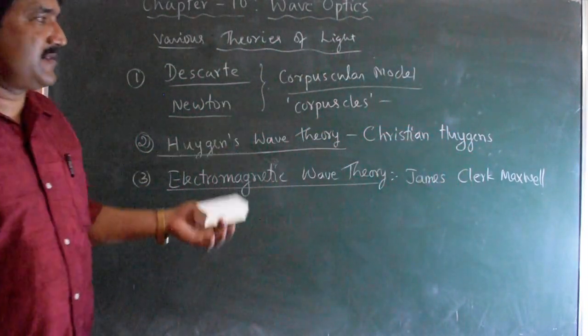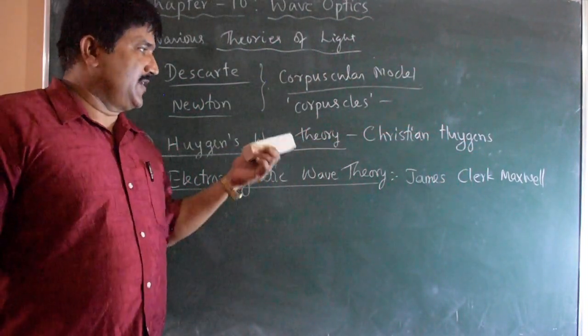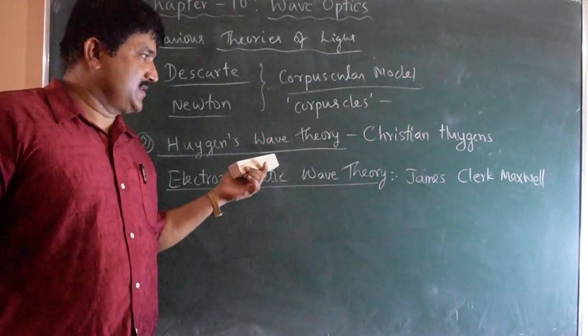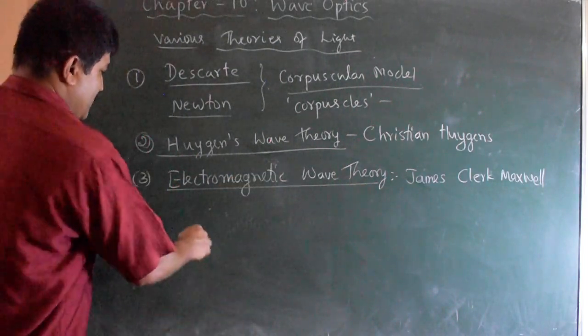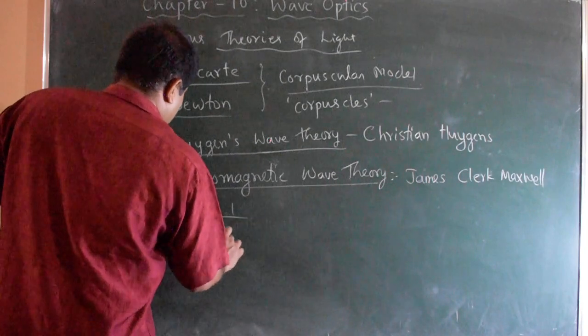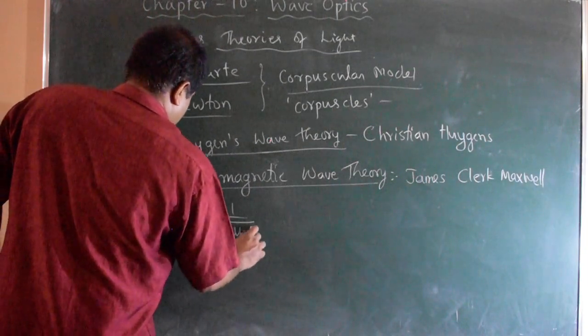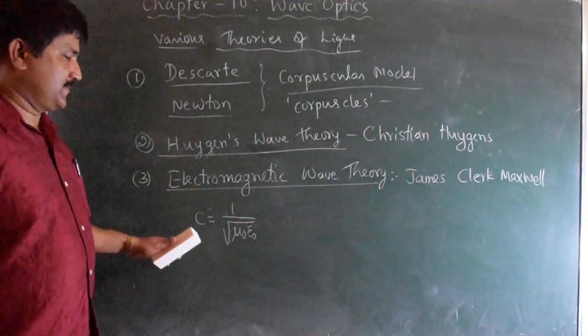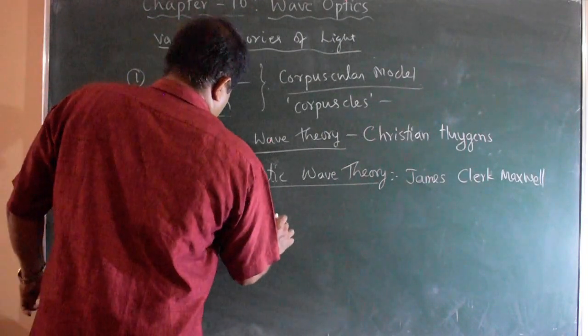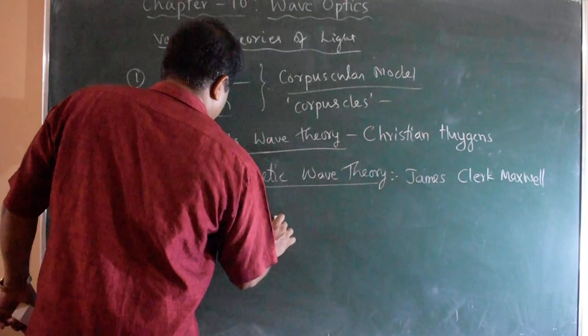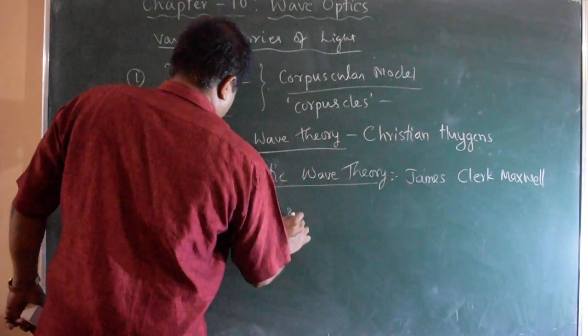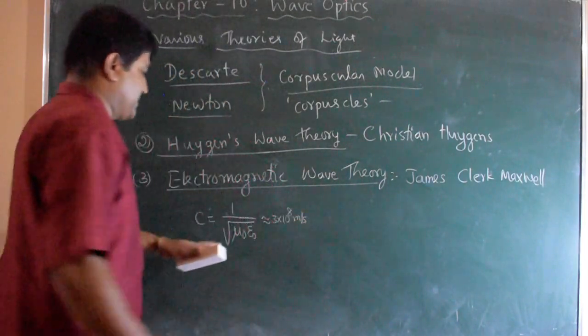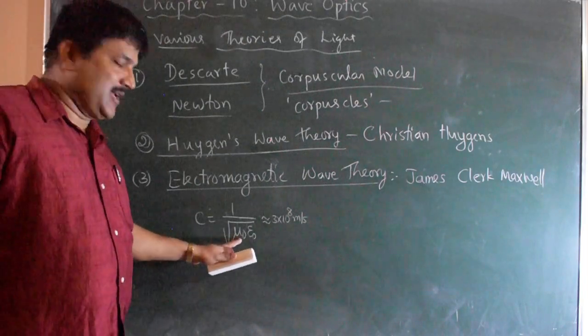The scientist Maxwell, a very famous scientist, has given this expression for the speed of light: 1 by root of mu naught epsilon naught, and this number comes to nearly 3 into 10 power 8 meter per second. In magnetism and electrostatics you know very well about these numbers.